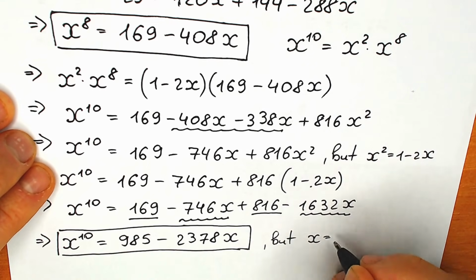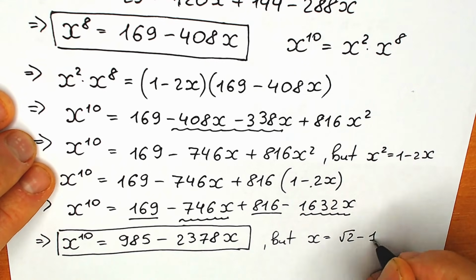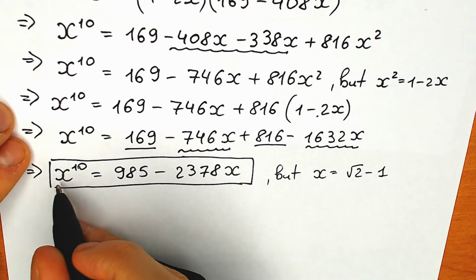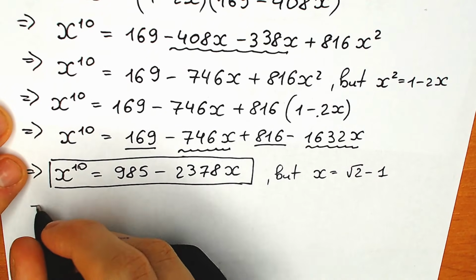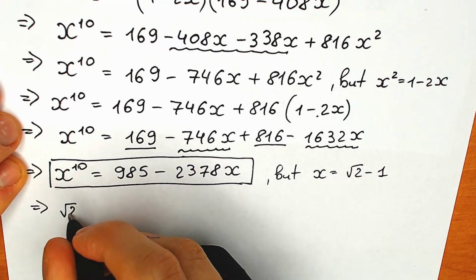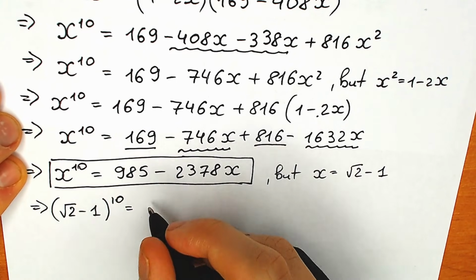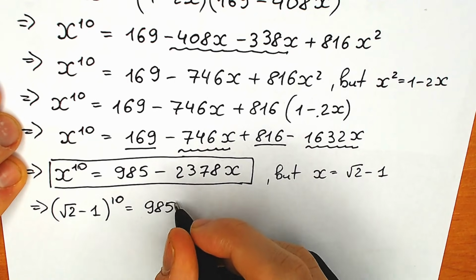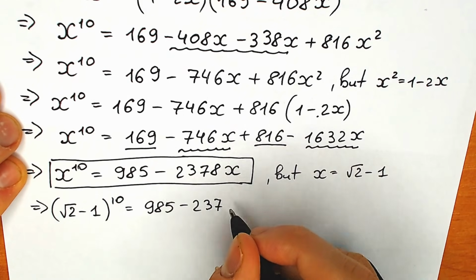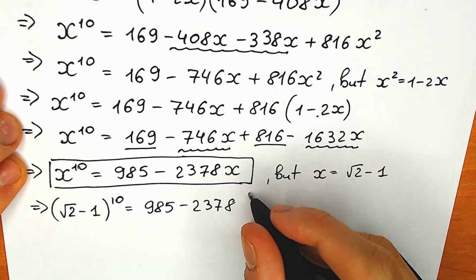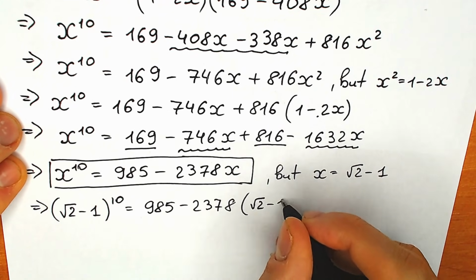Instead of x, we plug in square root of 2 minus 1 right here. So (square root of 2 minus 1) to the power 10 equals 985 minus 2378 times x, where x equals square root of 2 minus 1.